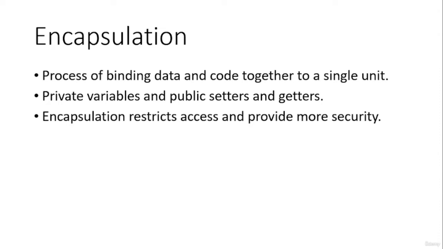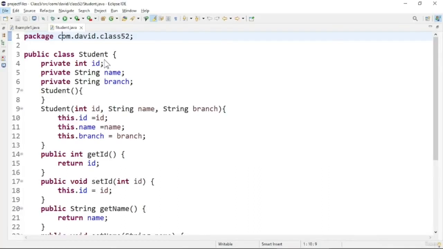Now let us see some practical work for this. Let us see a program to explain encapsulated classes in Java. Encapsulated classes are used to encapsulate code and data together, and data means fields in Java. Here there are particular fields to store the particular data.